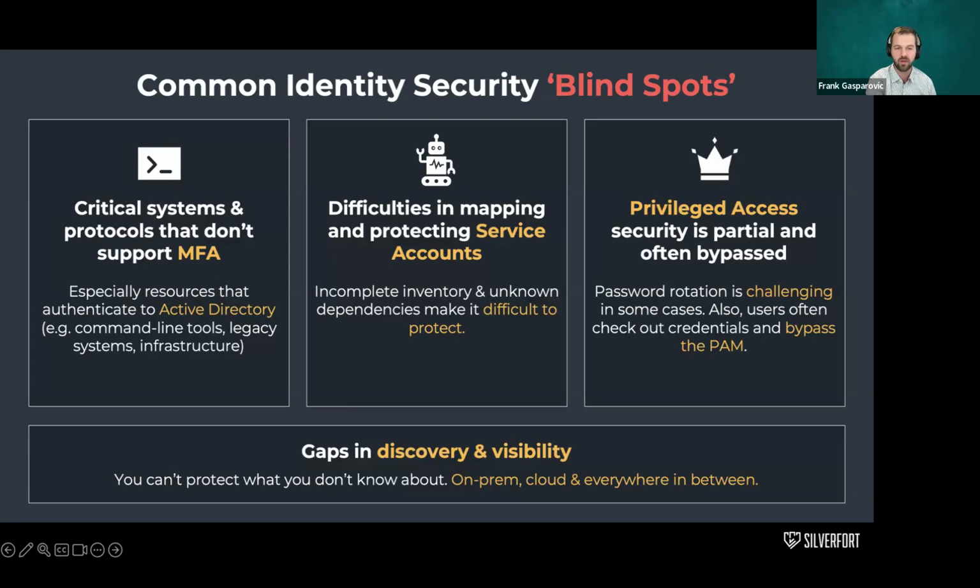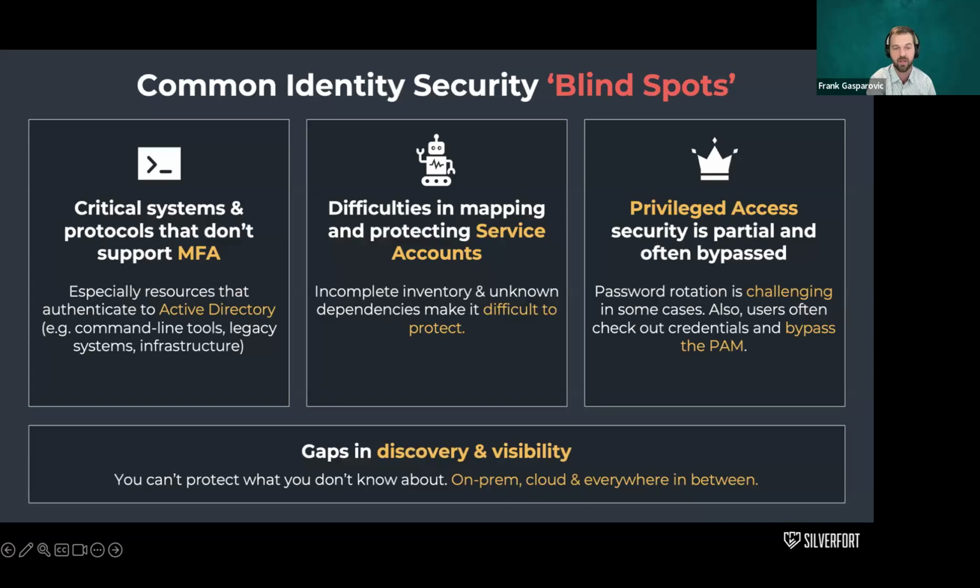Think basically about things that authenticate to Active Directory through Kerberos, LDAP, NTLM, and just don't support MFA. This is a security issue, but it's often also a compliance issue with things like regulation, cyber insurance requirements, and many others.